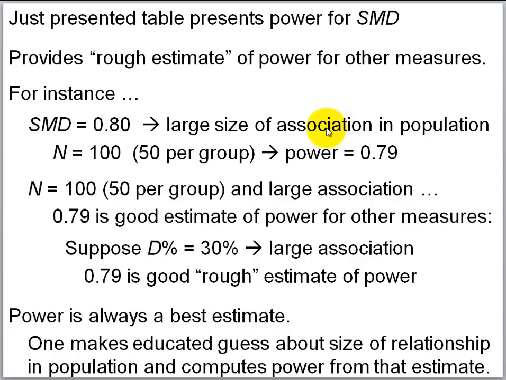So if you had a situation that involved two dichotomous, two categorical variables, and you felt that the difference in percentages would be 30%, that is to say large association, and we've got the same sample size, 50 per group, then 0.79 would be a good rough estimate of power. So the power table could be used with different types of measures.